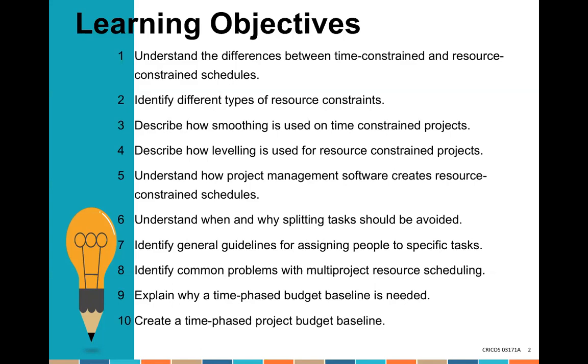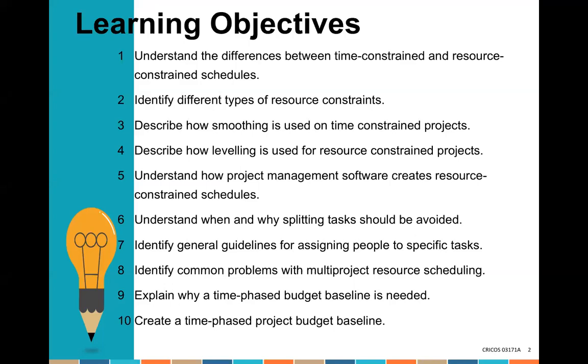We're also going to identify general guidelines for assigning people to specific tasks. Do we assign them to the task with minimum slack? Do we assign the task with the minimum ID number? Do we assign tasks with the shortest durations? All of that.